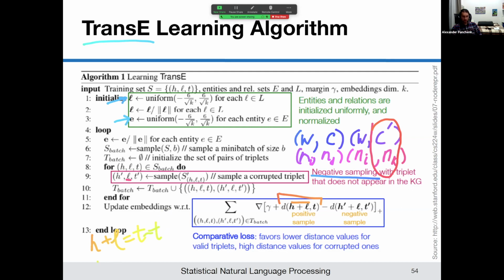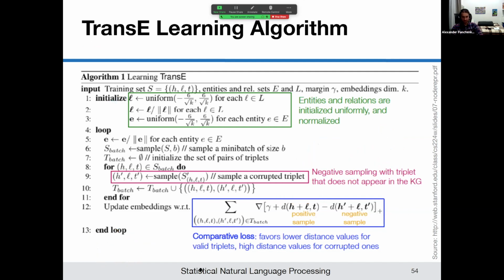But if you took some random relation, added this l, and ended up with some completely wild endpoint in the space, which does not correspond to any real relations of this h, well, this is what you want to optimize.